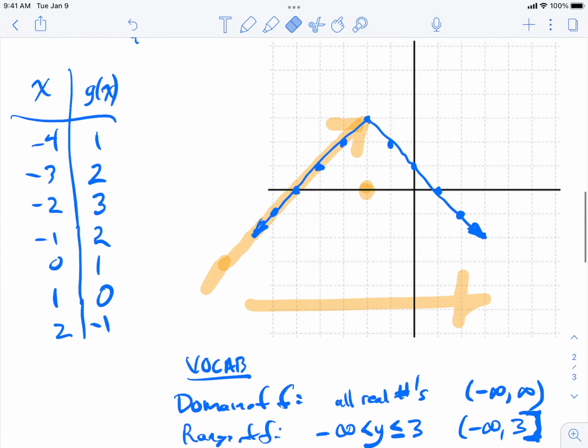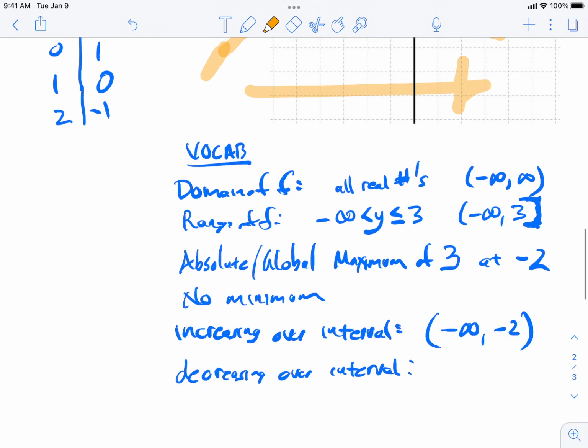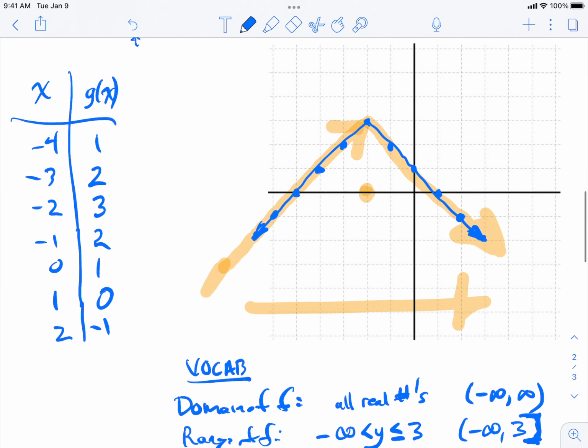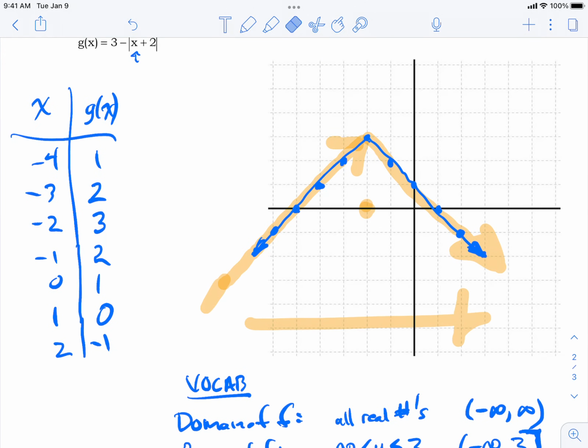Because as you read to the right, here you're going down. Okay, so there's where it's decreasing. It's decreasing over the interval, start at -2, go to +infinity. Okay, so I think we got those words taken care of. Cool. Got some more funky words for you on the next page.